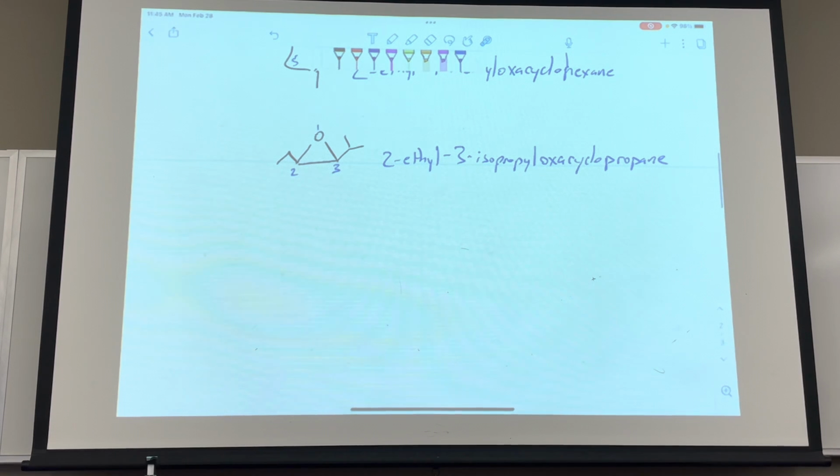All right. The last one I want to look at with you is what happens if you have a higher priority functional group. For instance, what if we were trying to name this?